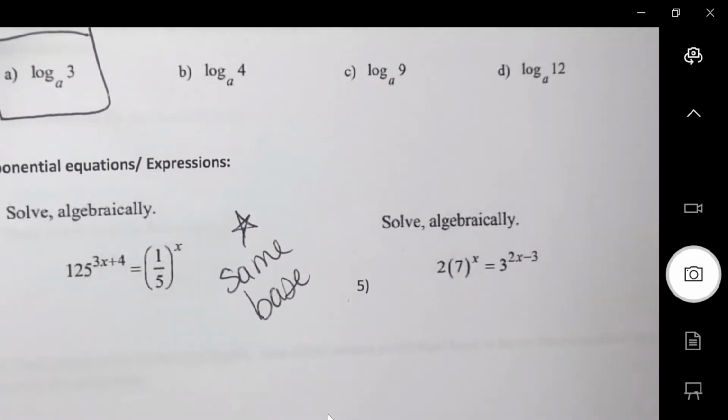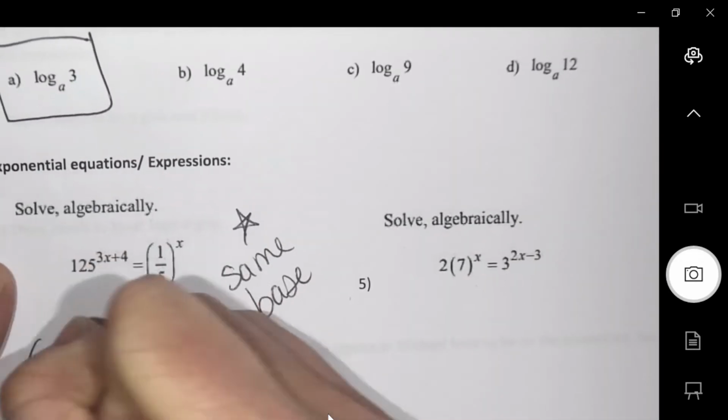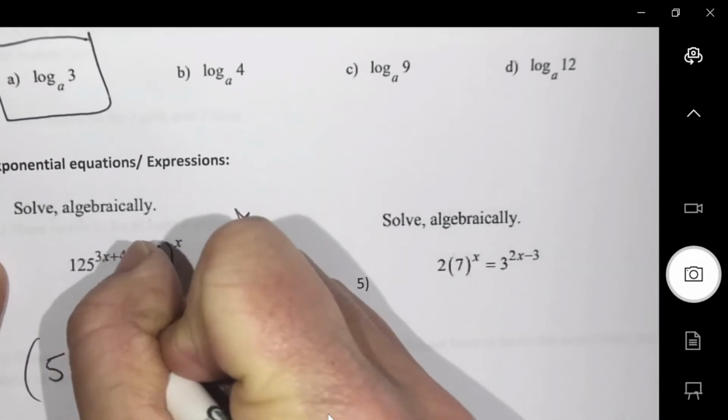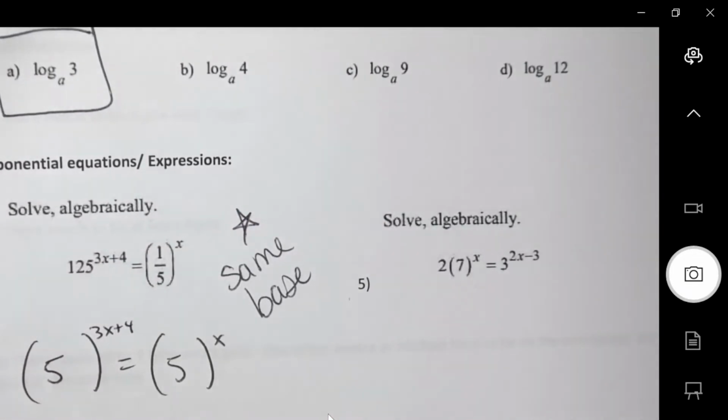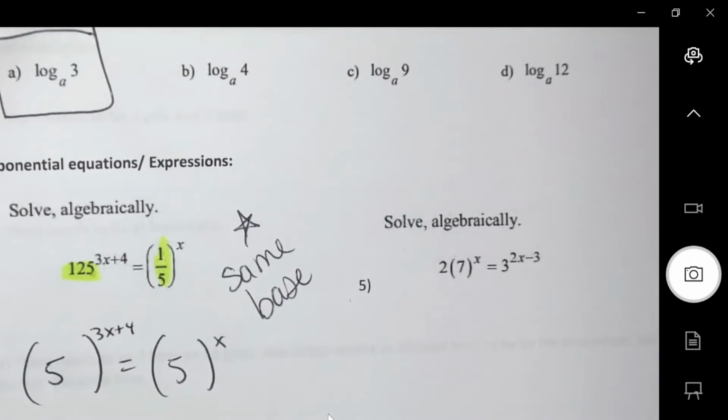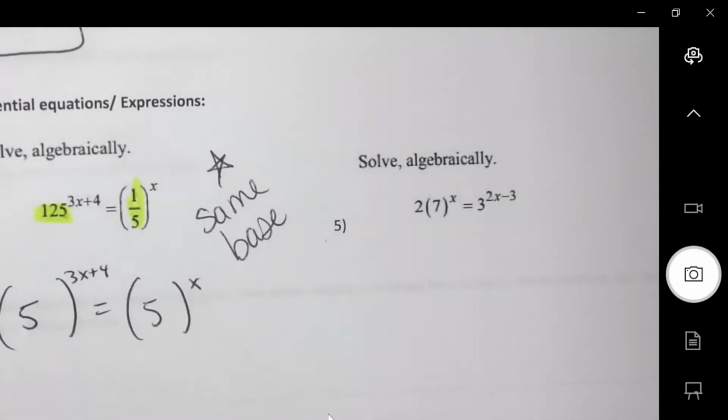Same base. I can write them both with a base of what? 5. That and that, I can use a 5 to the something to make both of them.